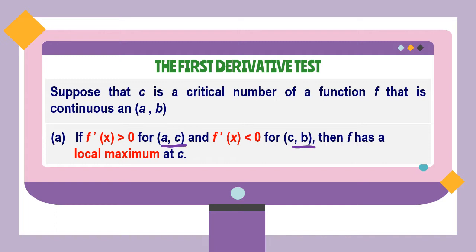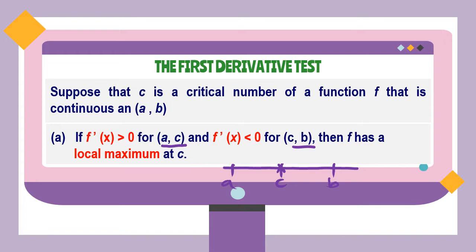Okay, so let's say this is our number line, right? So we have interval a to b, and then we found out that c is the critical number, the critical x value.